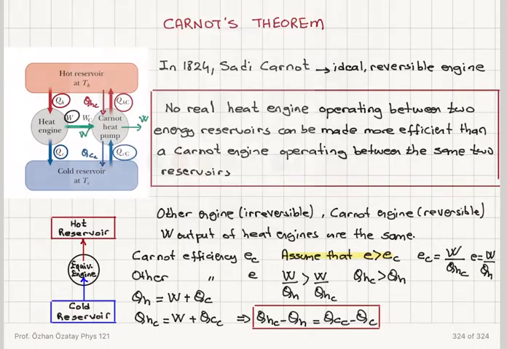Now let's think about what this equation is telling us. Because QHC minus QH is positive, the heat absorbed by the Carnot engine is greater than the heat absorbed by the other engine, and the heat released by the Carnot heat engine is greater than the heat released by the other heat engine.